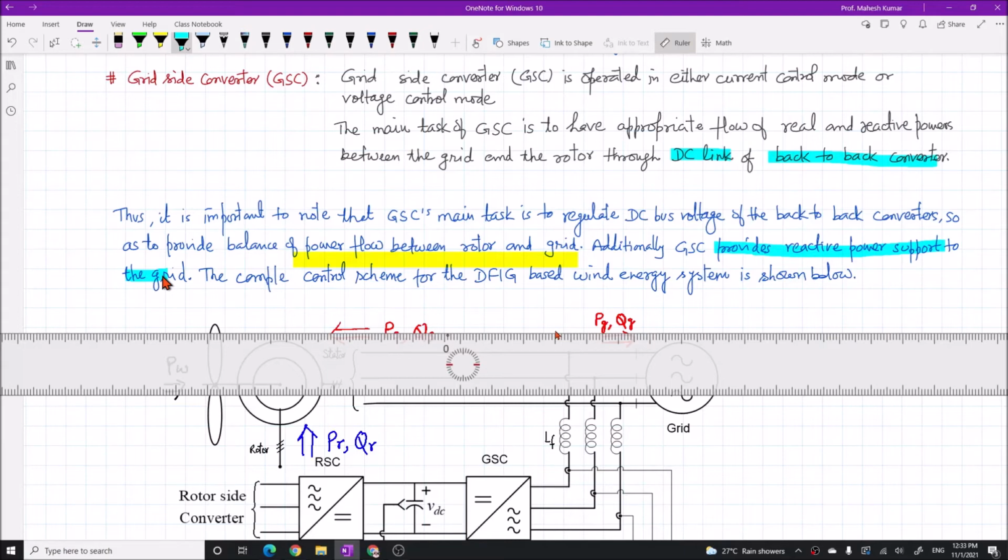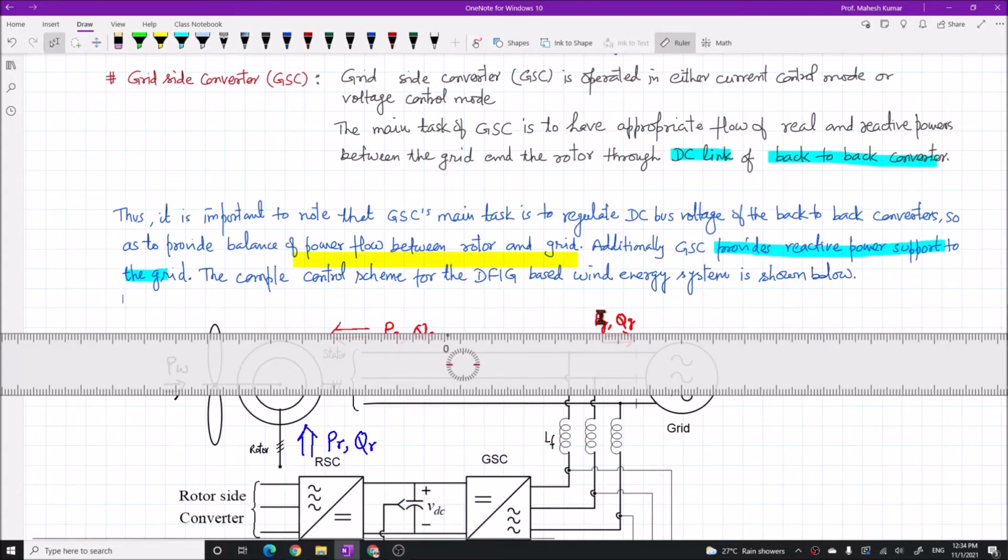And if that reactive power comes from the grid, then the grid does not operate at the unity power factor. Therefore, to make the unity power factor operation at the grid, we need to supply the reactive power to the stator from the grid side converter.